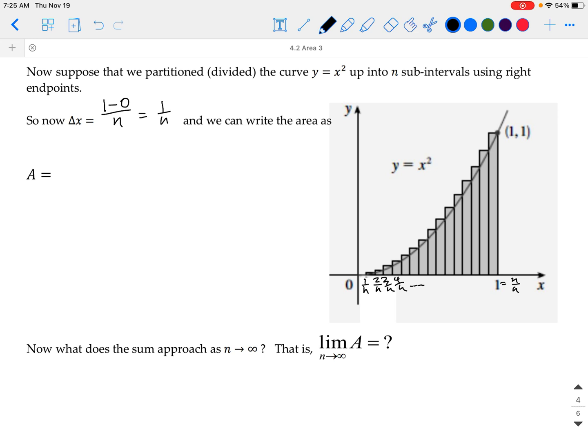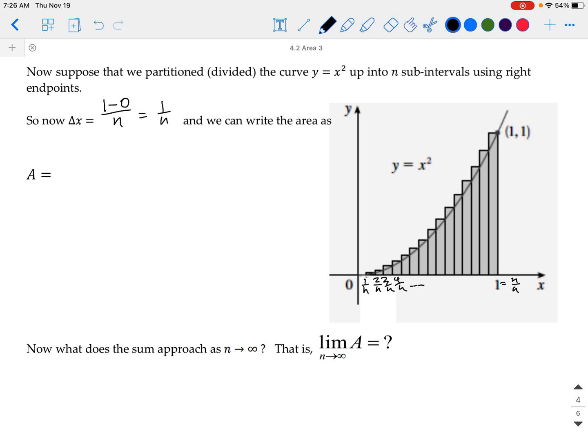So we're going to have all of these, and you'll notice 1, 2, 3, 4, 5, 6, all the way up to n is a nice summation. So what we're going to get is that we can write the area A, in this case with right endpoints, and we'll use 1 over n as our first height.